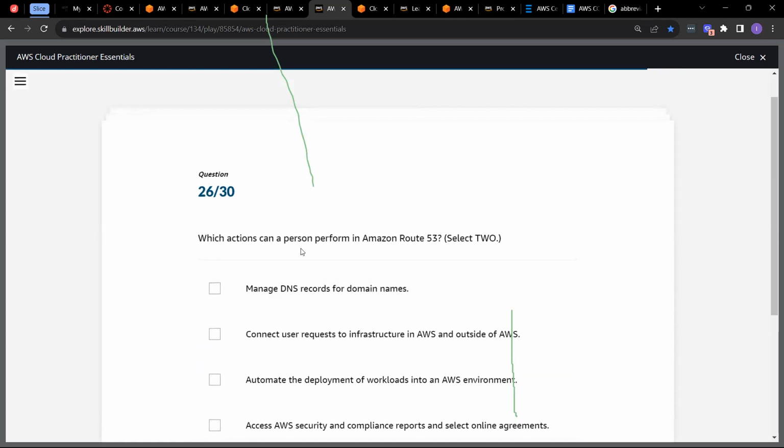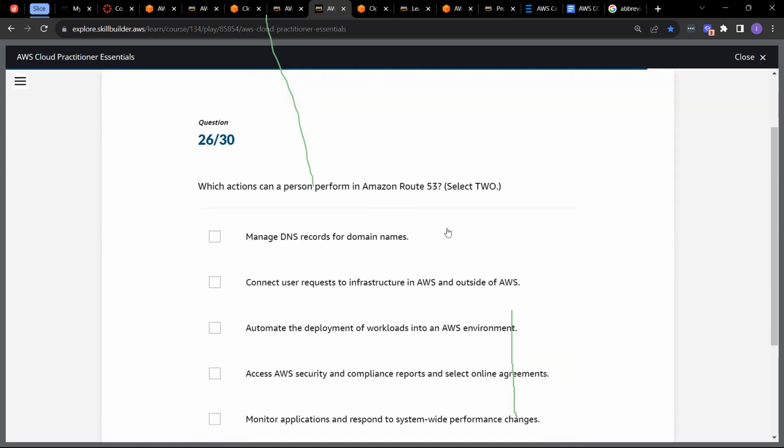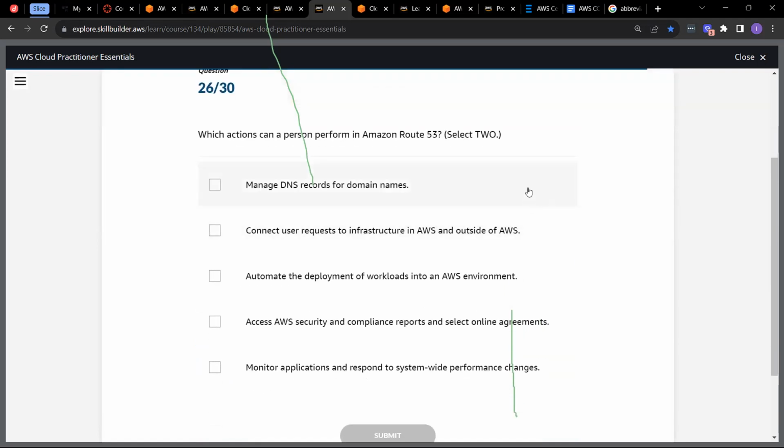Which actions can a person perform in Amazon Route 53? That's right. Anything DNS. Yeah, so we need in DNS, correct? And then again, connect user request. Nah, I think it's a connect request.